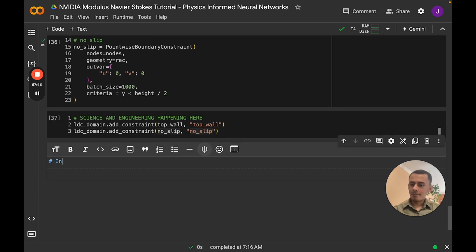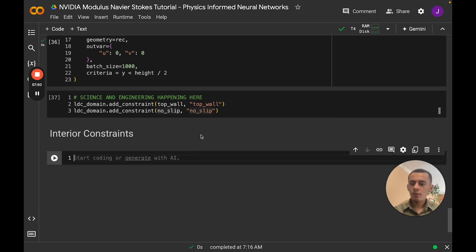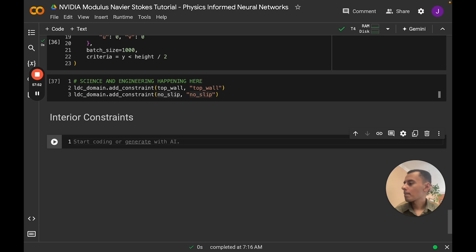Interior constraints. So the interior constraints, okay? What are the interior constraints?